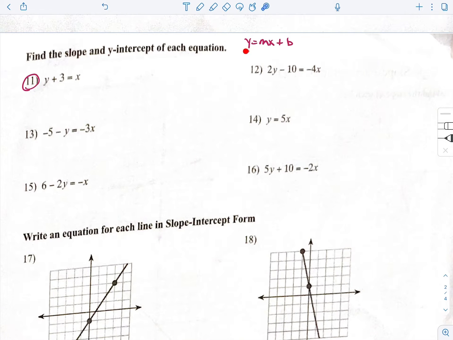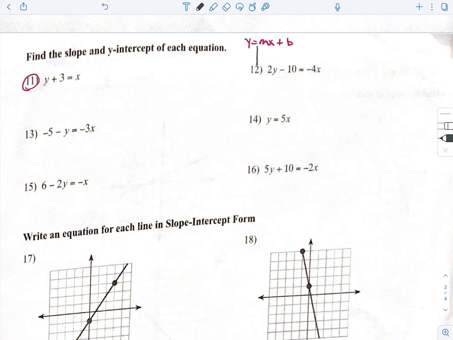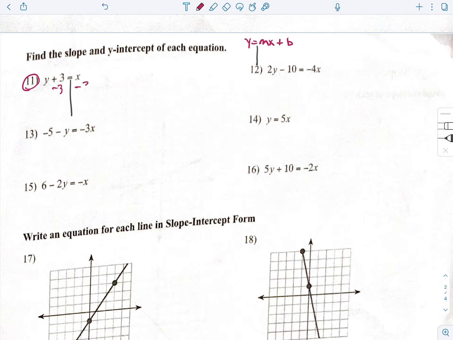Notice how y is the only thing on the left side of the equal sign, right? So what we're going to do is move this 3 in this problem to the right side of the equation. All right, and we're going to do that by subtracting 3 from each side.